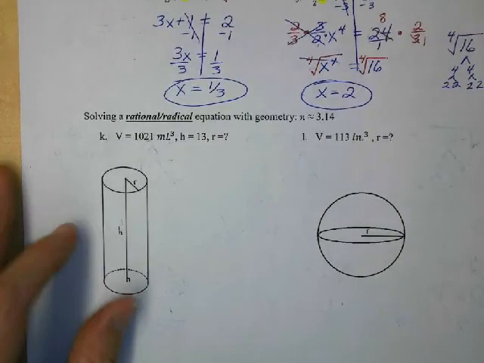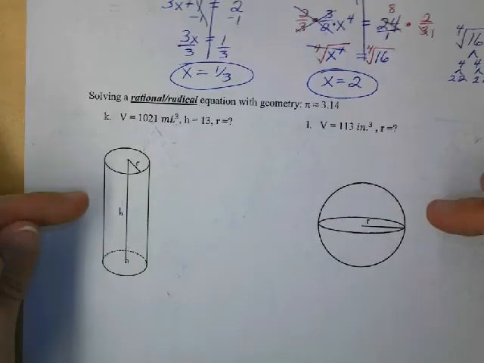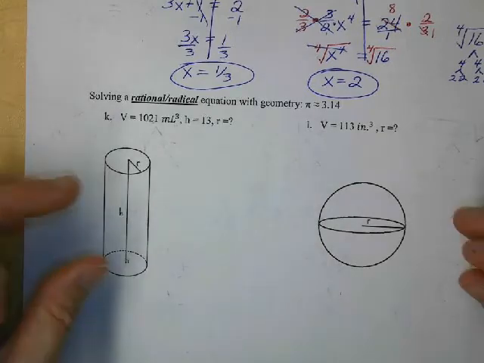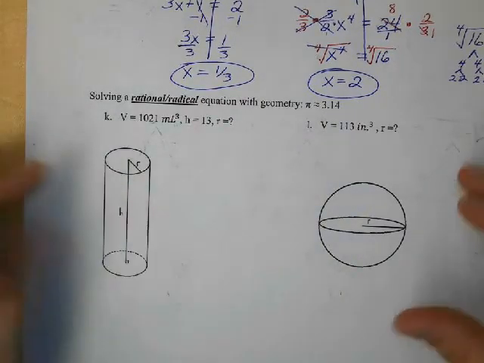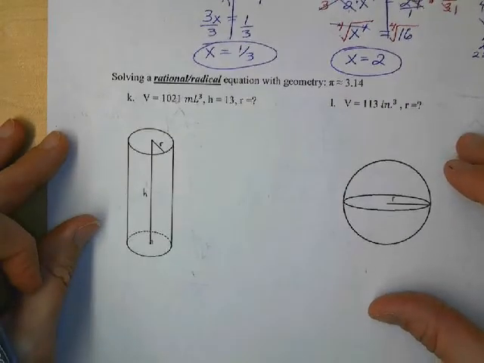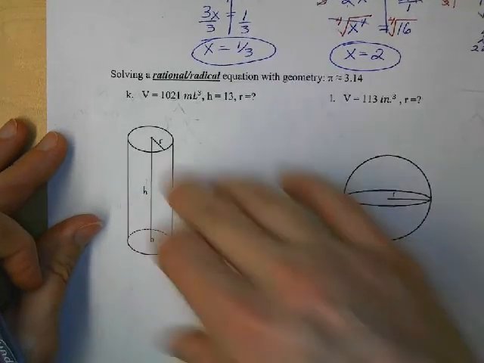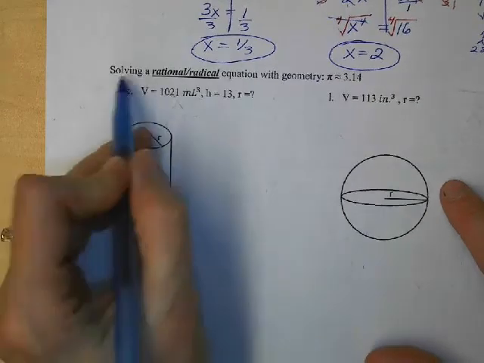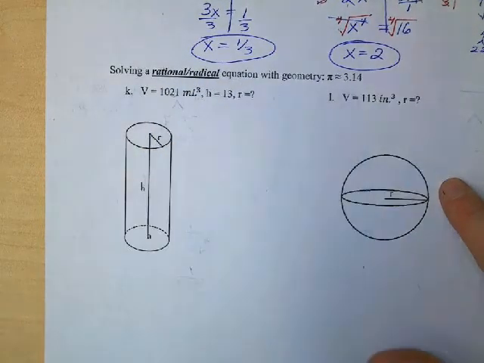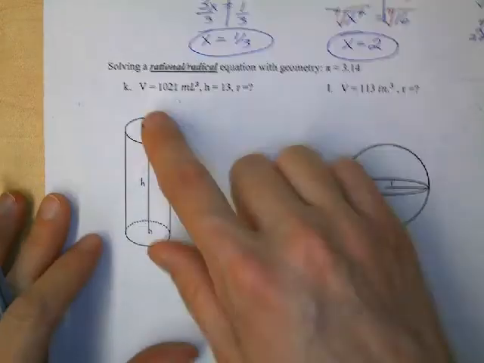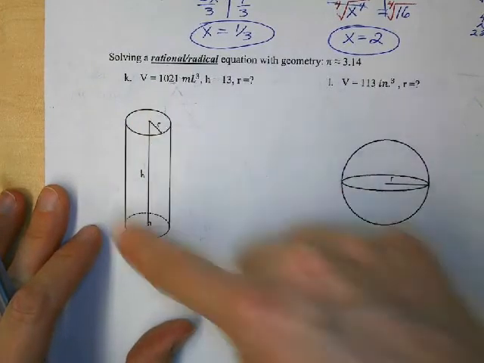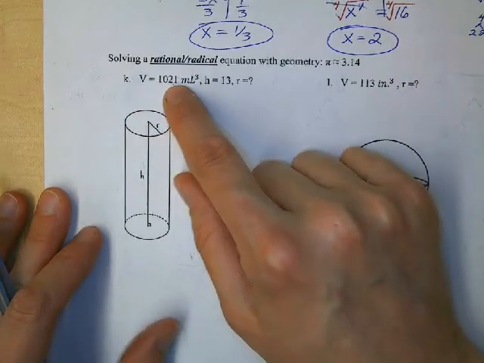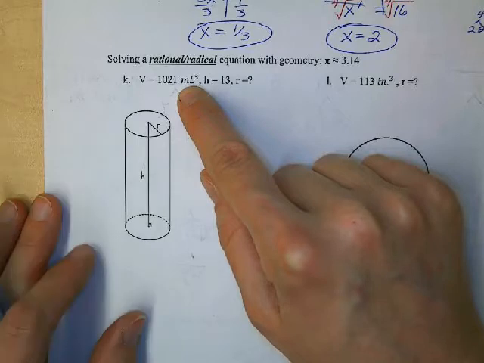And then finally, sometimes they have little story problems, real-world examples, like a real situation if you had a cylinder or a sphere. Solving a rational or radical equation with geometry. So they might say the volume of a cylinder is 1,021 cubic milliliters.